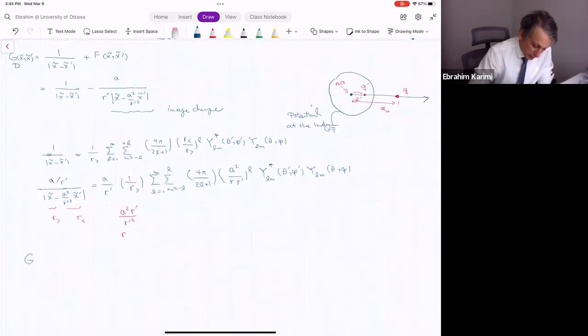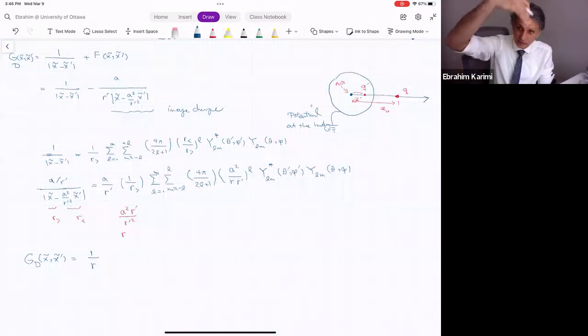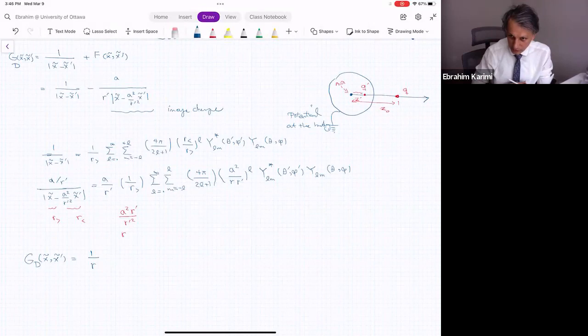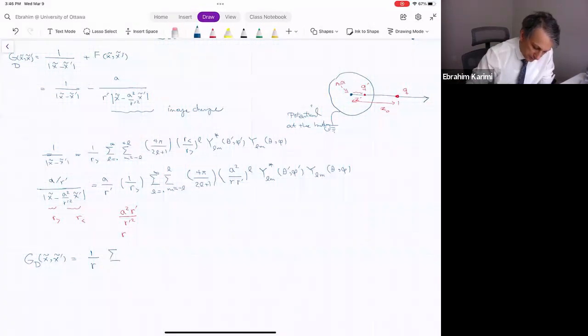So the Green function that I'm expecting for this geometry is given by 1 divided by R, assuming the far distance, because we are not looking inside the sphere, we are looking outside of the sphere, summation of L from 0 to infinity, summation of M from minus L to plus L, then 4 pi divided by 2L plus 1.